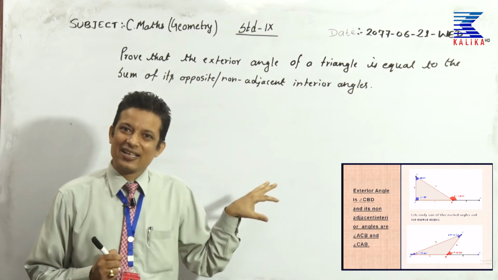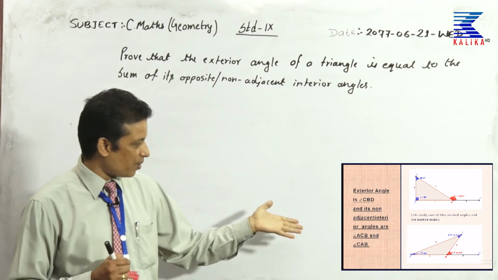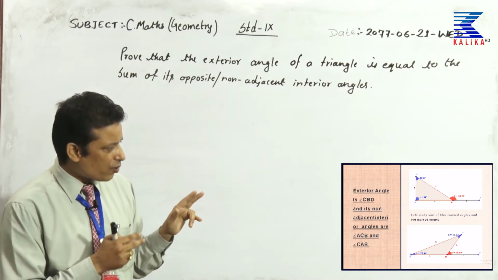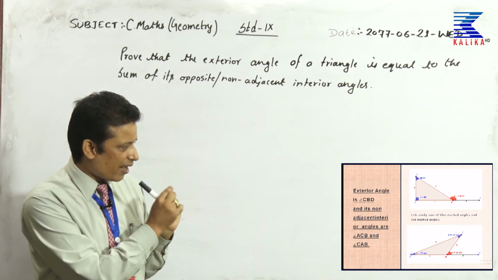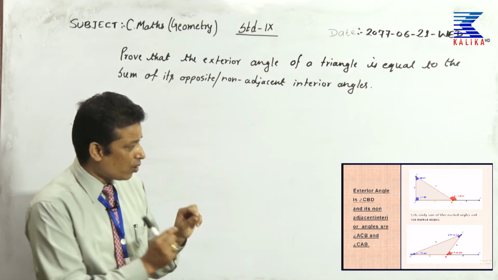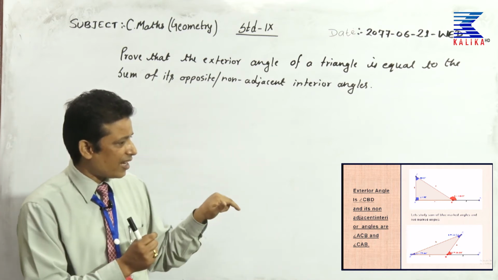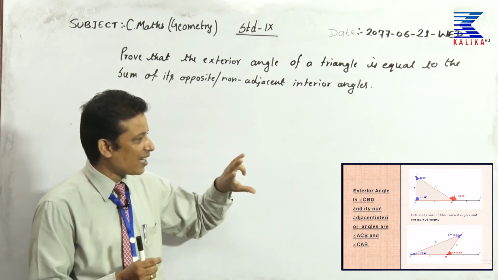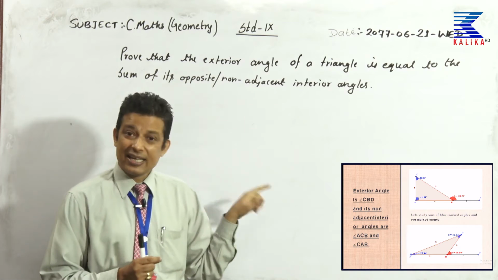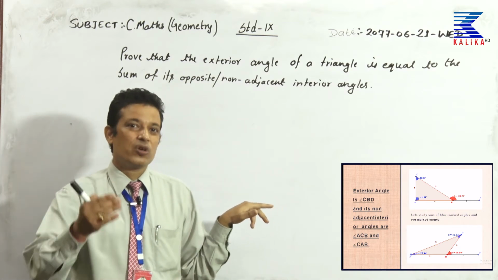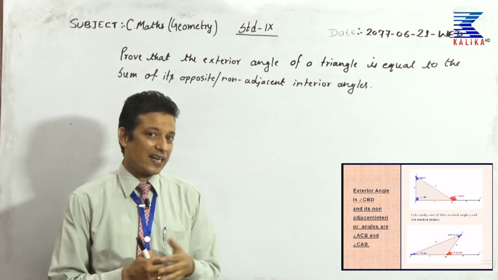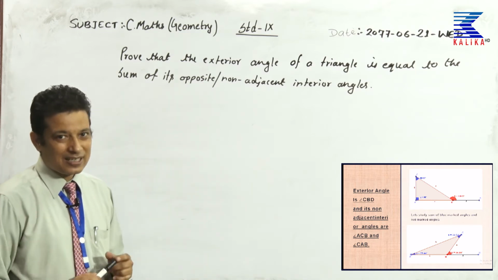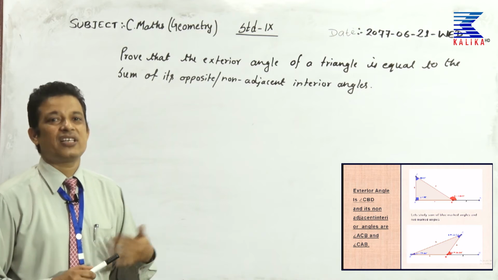One more important thing, dear students: you can make that triangle and cut it, and if you cut the two red angles and paste them at the place of angle beta, it will be completely covered by the cut pieces of angle A and angle C. So by the paper cutting method also you can verify this fact, but today we are going to prove the same theorem theoretically.